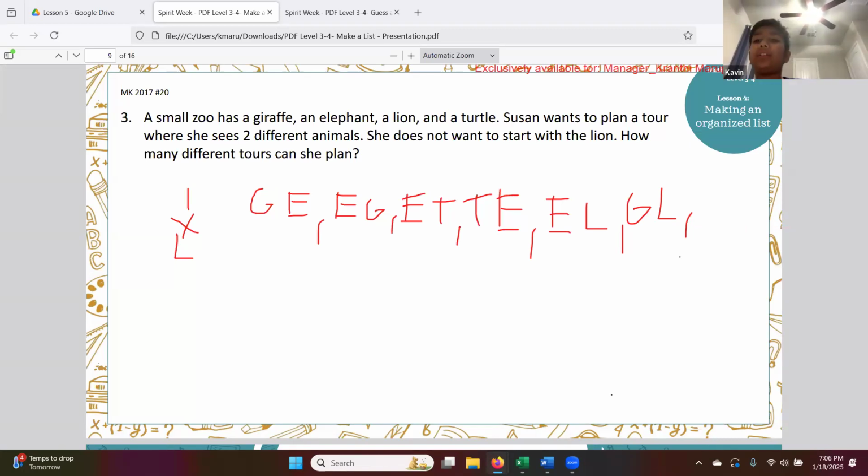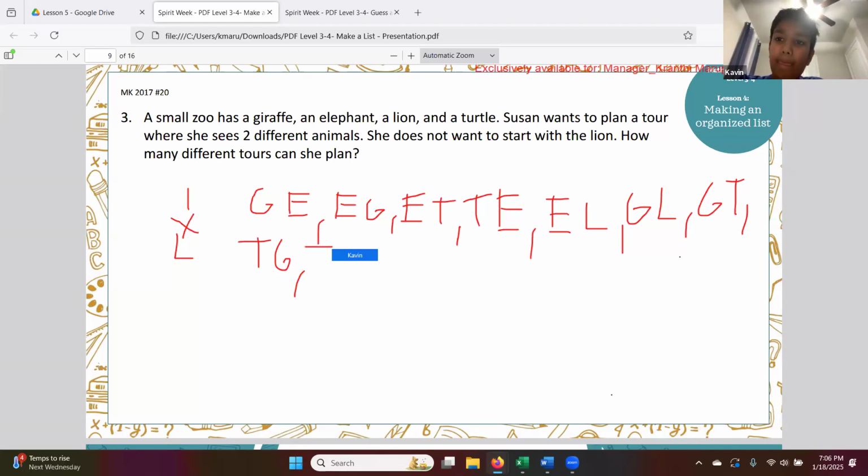So GL, and then after that, we can do GT and then TG. Then after that, we already did elephant, we did giraffe, we can't do lion, so turtle. We already did turtle and giraffe, turtle and elephant, but not turtle and lion.